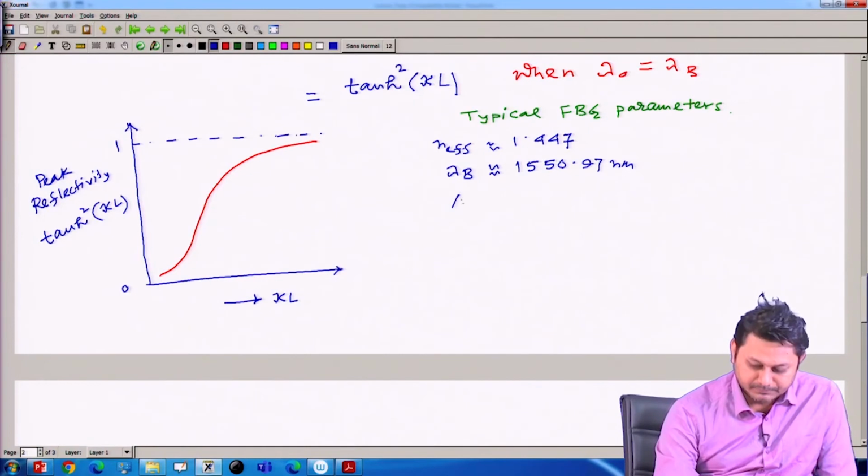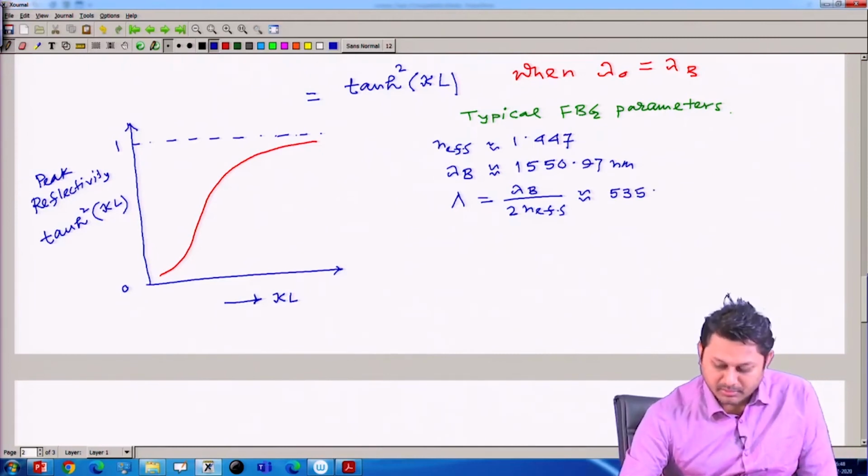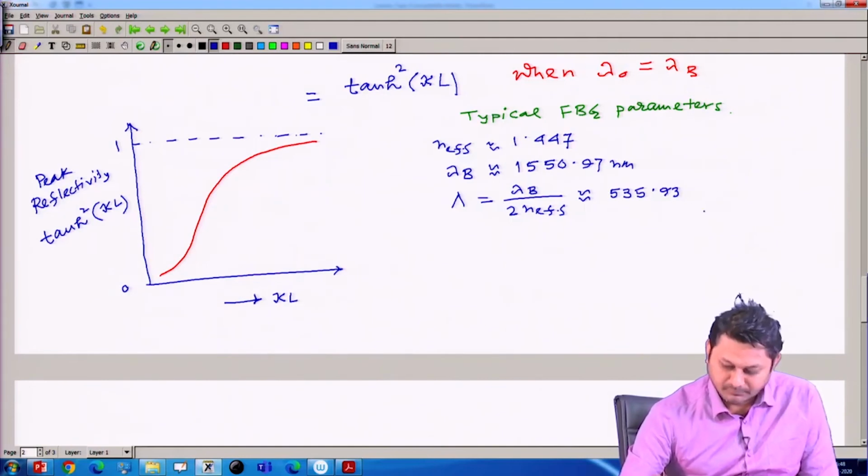Lambda, which is equal to lambda b divided by 2 n effective, will be nearly equal to some value like 535.93 nanometer.